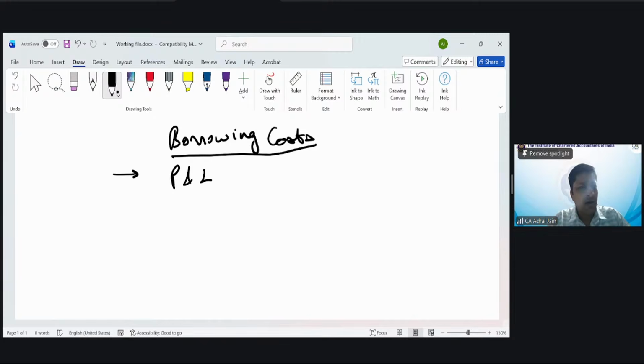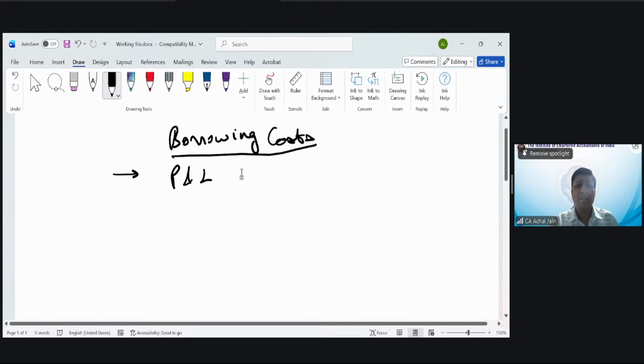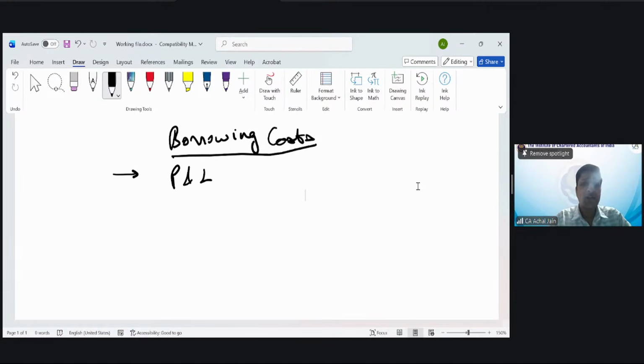You should remember always, it goes to P&L. Every time you see the borrowing cost, it should go to P&L. However, there's one exception to this, a situation in which this borrowing cost may not go to P&L. So let's try to understand that.